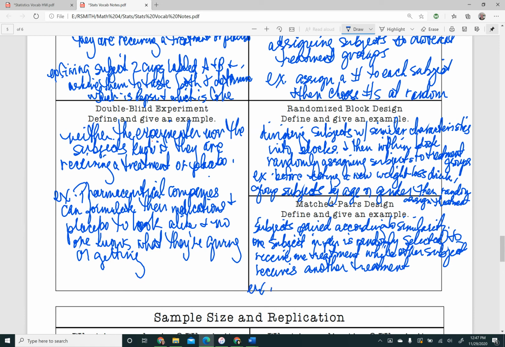So for example, subjects paired by age receive two different treatments.